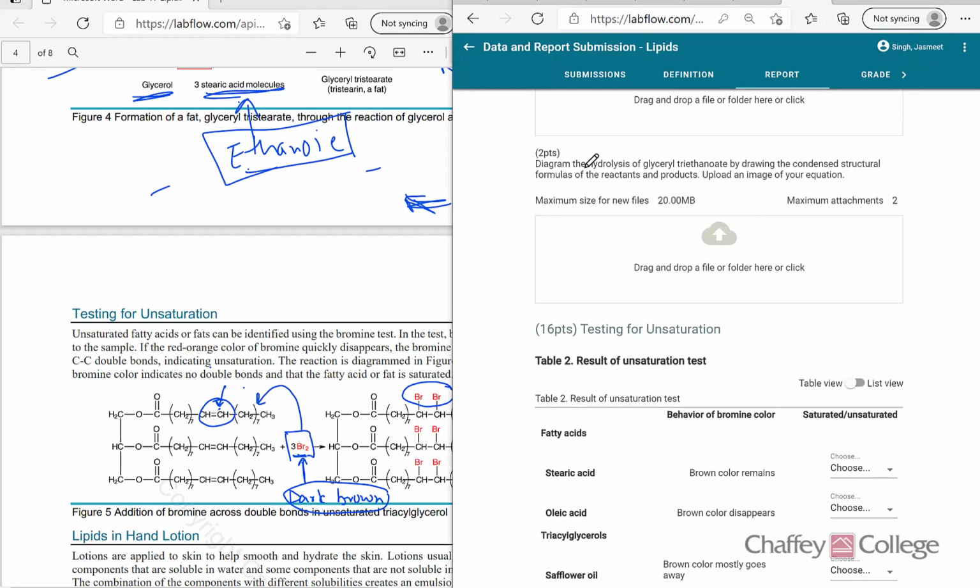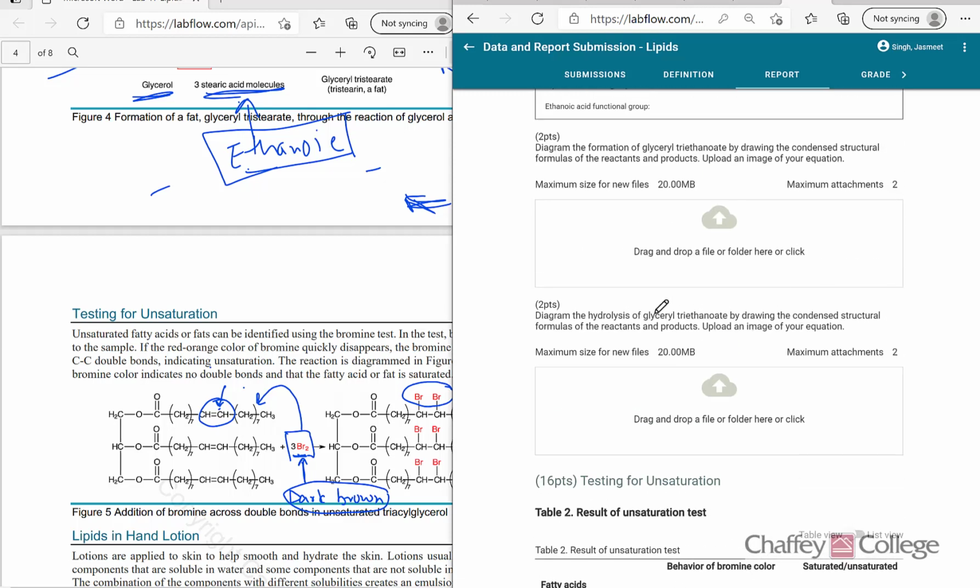Next is the diagram of hydrolysis of glycerol triethanoate by drawing the condensed structural formula of the reactants and product. Upload the image of your equation. This reaction is exactly the opposite of the reaction which you did here.